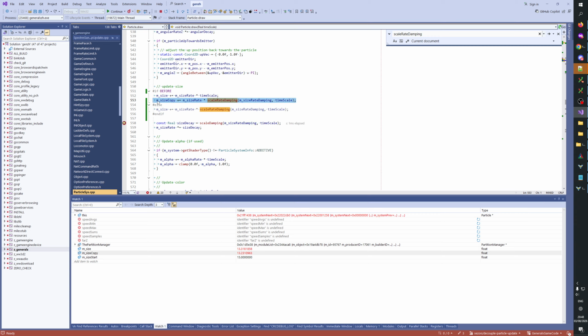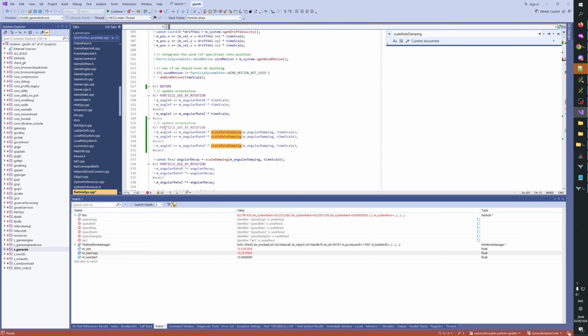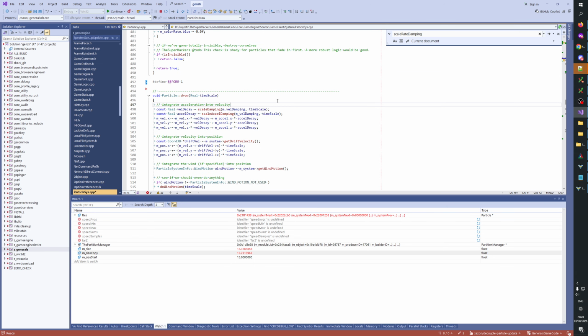Let's do the following. Let's remove all of this.